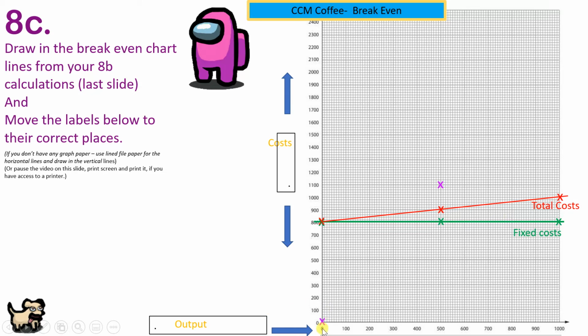Your revenue at 500 coffees for £1,100 worth of sales would look like these. That's where the first one would be, and for £2,200, here we go, which gives you a purple total revenue line looking like this, which marks this spot as break even where the costs and revenue cross, which at my calculation says they break even selling 400 coffees.